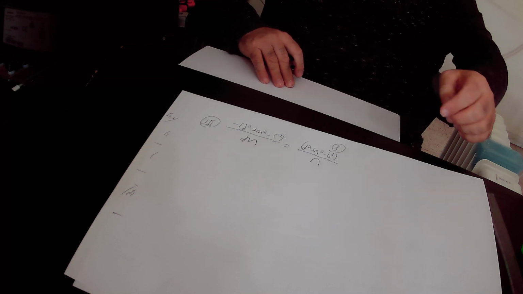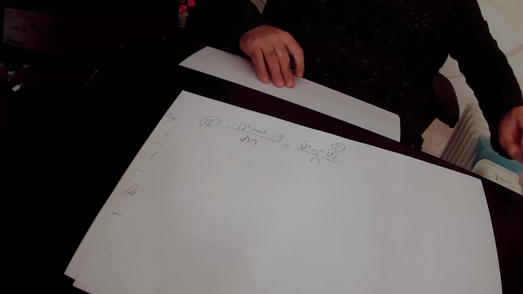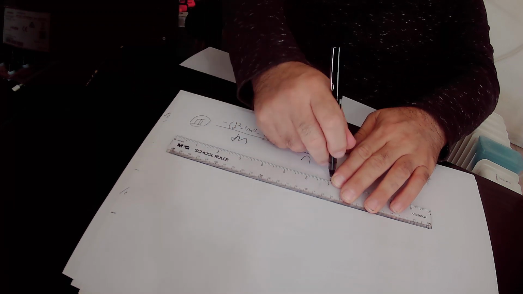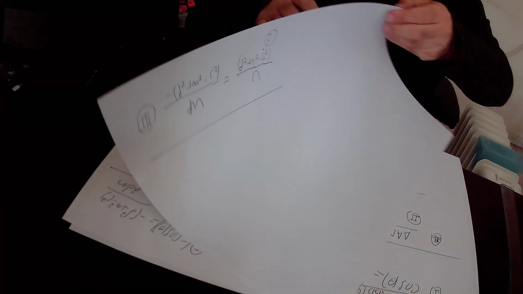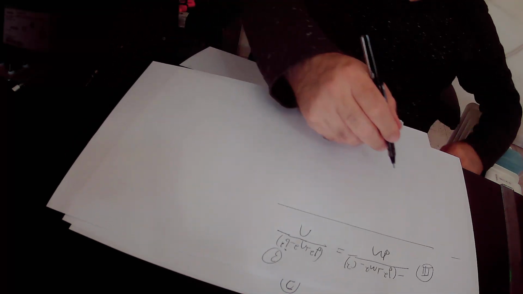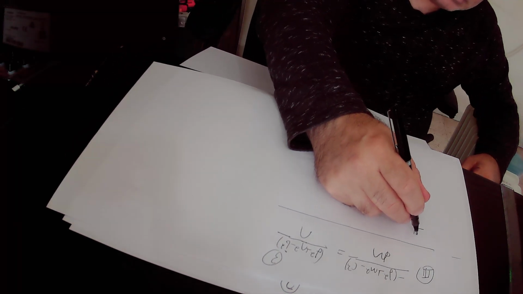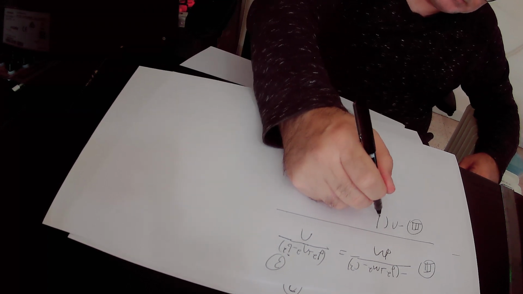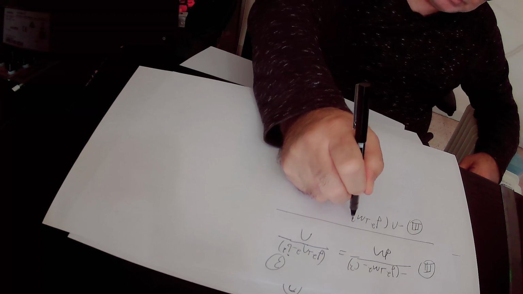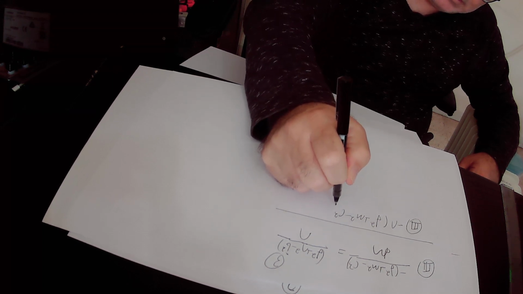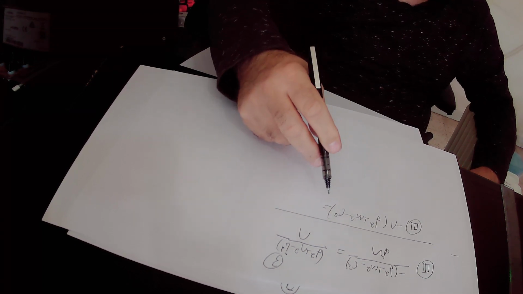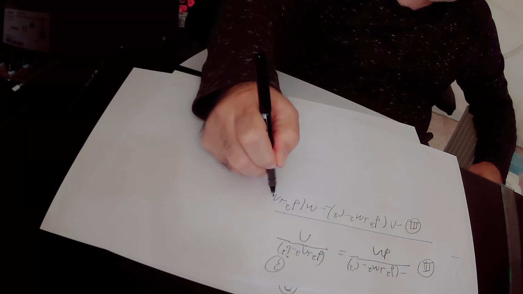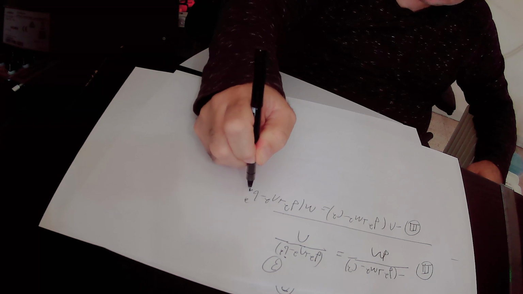Here we cross multiply equation number 3, and we get that minus n, inside the brackets d squared plus m squared minus c squared, equals m, inside the brackets d squared plus n squared minus b squared.